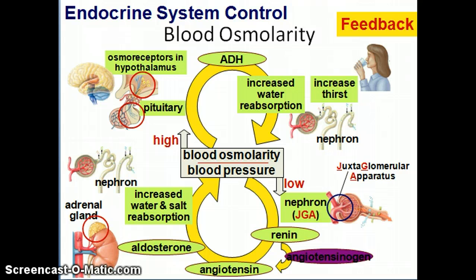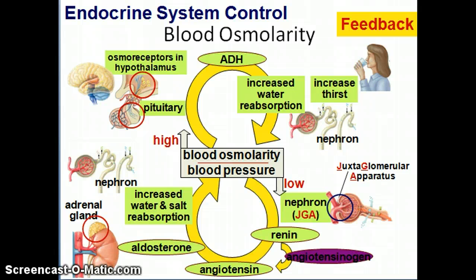In this case, we have a much more complicated feedback mechanism, but it's still going to be a negative feedback because by definition, we're trying to get the body back to the set point. So it's gone either above or below the set point and has to be returned to that.